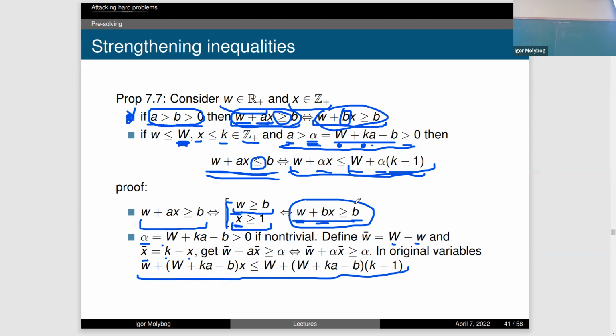Therefore, this thing is equivalent to this thing, and this is equivalent to this big thing. Once again, let me draw it as a graph. So this thing is equivalent to this, and this is equivalent to this, and this is equivalent to this entire expression.